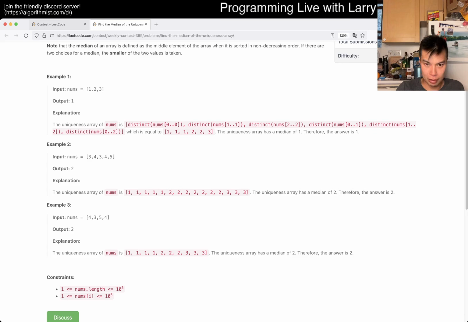Then you have n ones, n minus 1 twos, and then n minus 2 threes. So now we have a 4 that generalizes, and the median number would be, in this case, a 2. Is it binary? I have a feeling it's some sort of binary search, but I don't know yet.